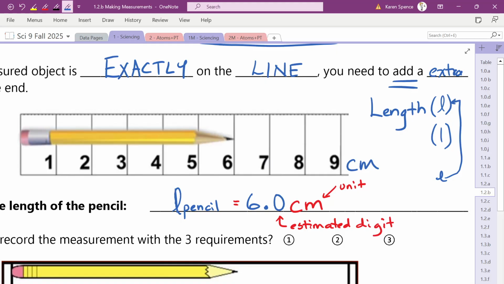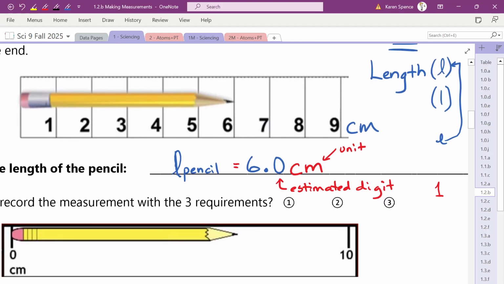If you just want to write an L the normal way, that's perfectly good. I will often write the number 1 like this so that it doesn't look like a letter L. Okay? So I try really hard, unless it's quite obvious, to make my 1s really distinct and my L's really distinct. Okay? All right. But if you want to write out the whole words length of pencil, you can write out all the words. Okay? That's just a way to shorten it.